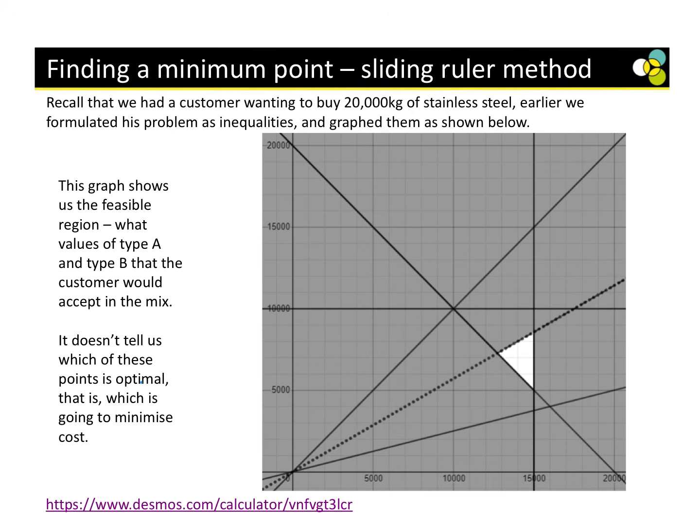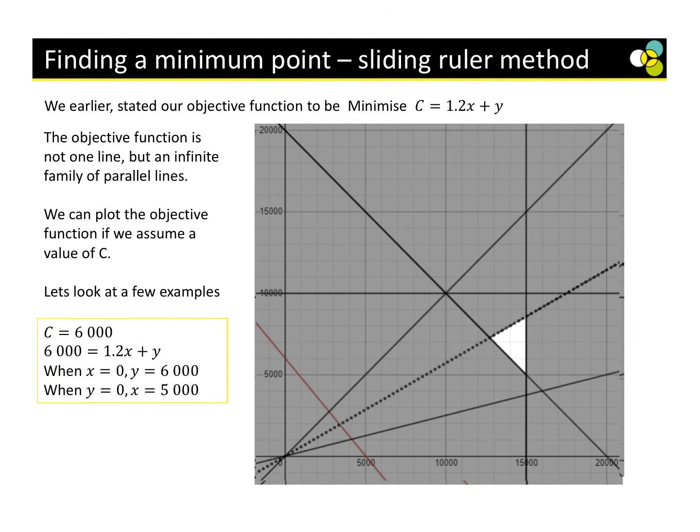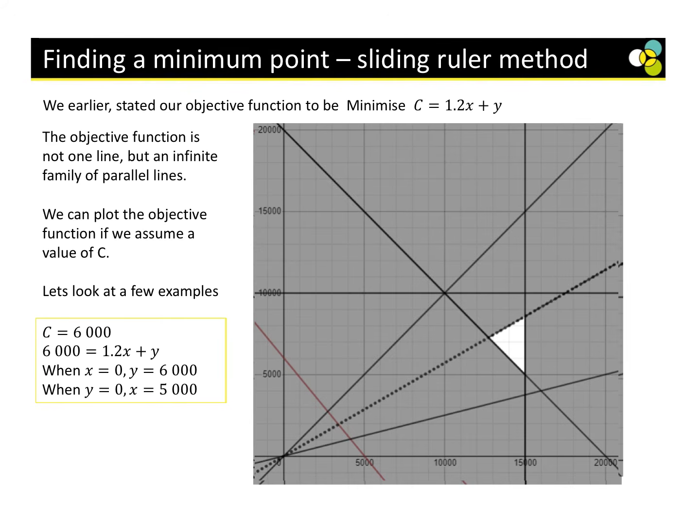Right, we're going to move on. Let's just get rid of the ruler for a second. We'll come back to it. So, we can plot the objective function as a line.